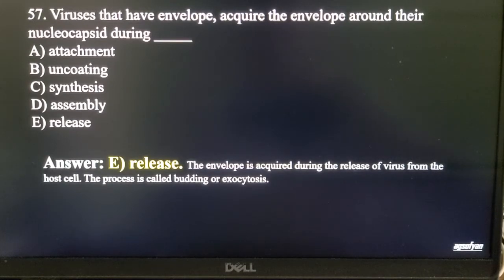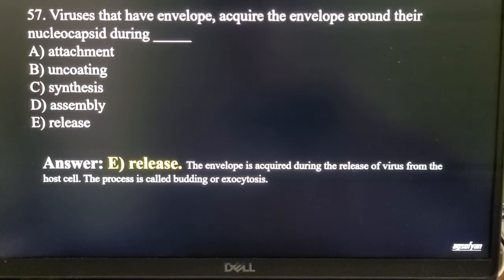During the release, this cell membrane of the host cell becomes the envelope of the viruses. So animal viruses actually acquire their envelope from the cell membrane of the host cell.